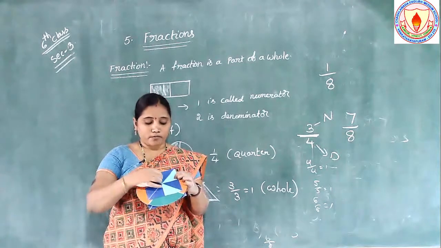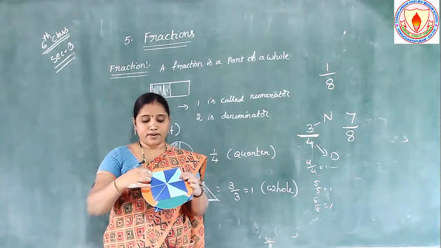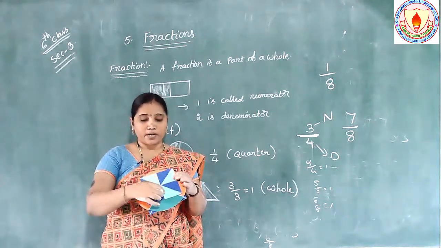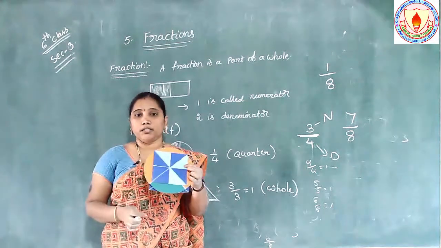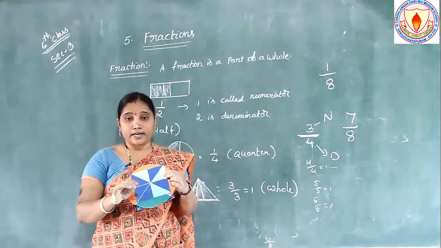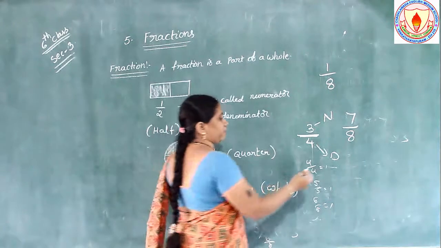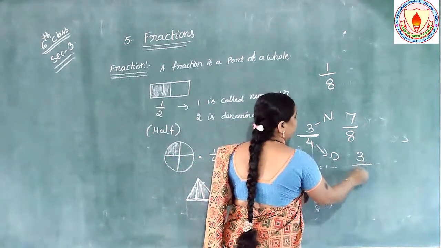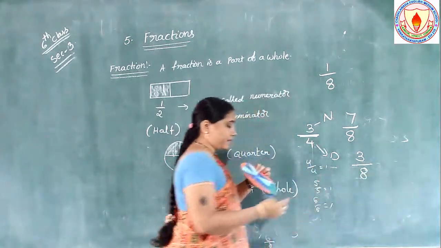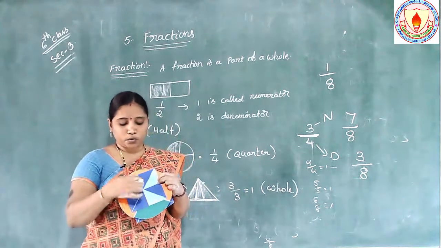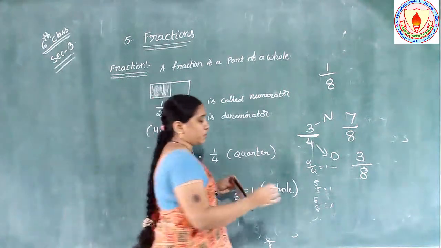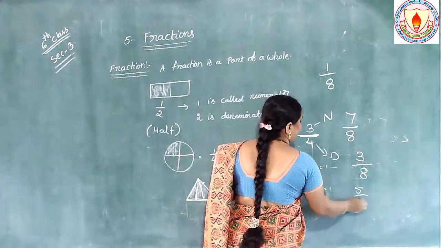Here also there are 8 blocks: 1, 2, 3, 4, 5, 6, 7, 8. How many are green? 3 green portions, so the fraction value is 3 out of a total of 8. And the remaining blue: 1, 2, 3, 4, 5, so the fraction value is 5/8.